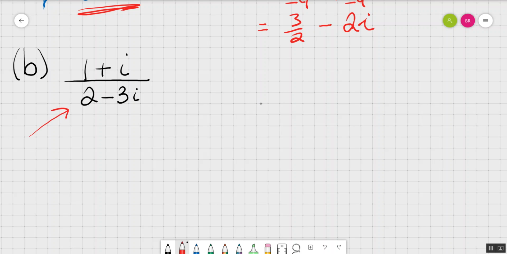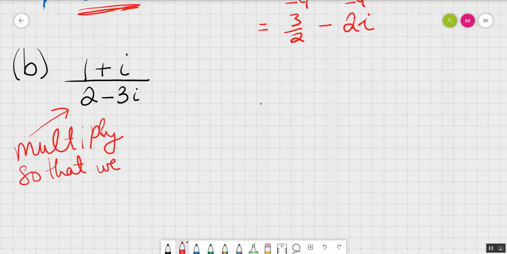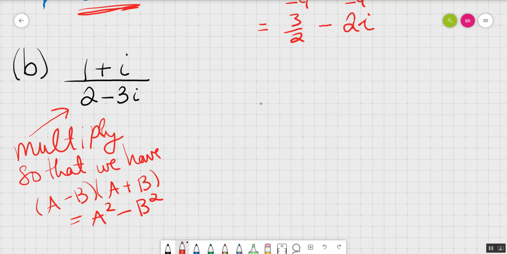If it's a binomial, we're going to multiply so that we have a difference of squares, because that will always be real. So for this one, I want to have 2, and it's got a minus in the middle, so I need the plus version. We're going to do a couple of these so you can get a feel for how this looks.